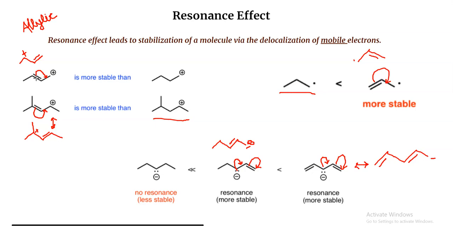This effect is possible only in the case of allylic carbocation, allylic free radical, or allylic carbanion. Whenever you have these allylic species, then resonance is possible, and in all these situations, the resonance makes the reactive intermediates more stable.